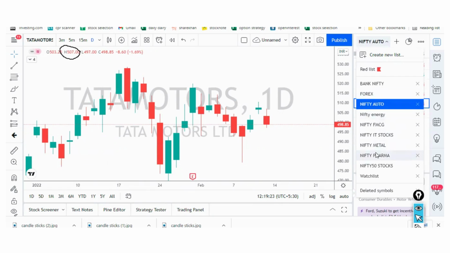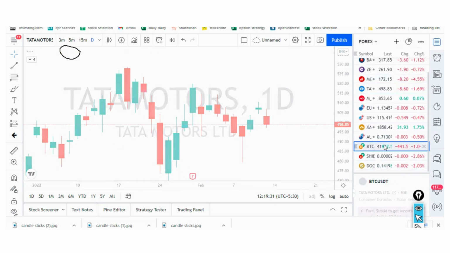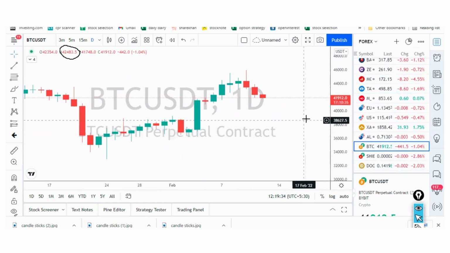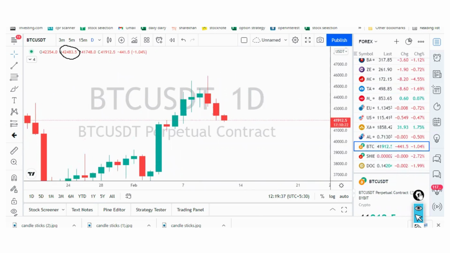Now let me see the live chart. Today this is a chart of Bitcoin, because today is Saturday and only Bitcoin will be trading in the world market.